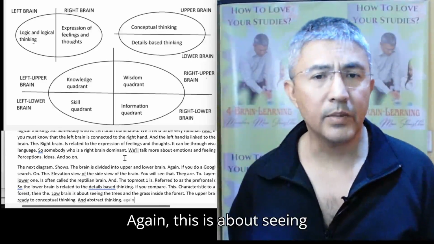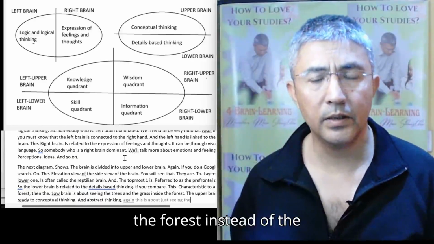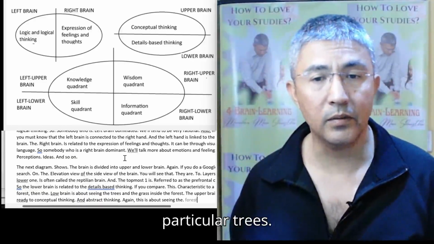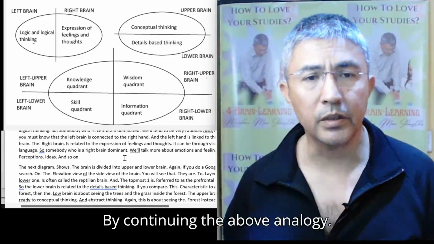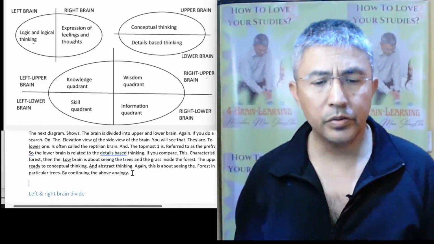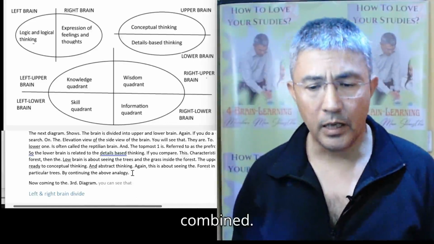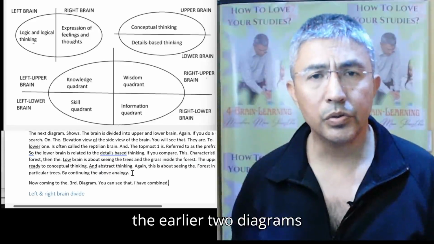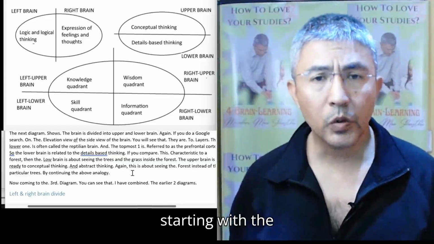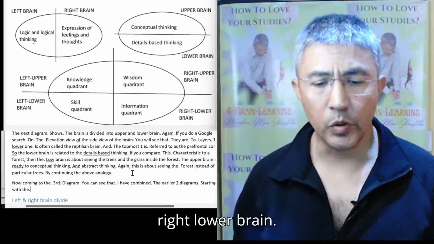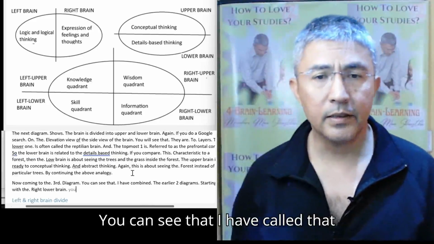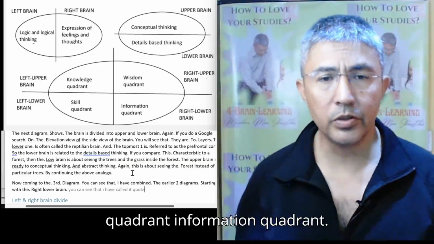Again, this is about seeing the forest instead of the particular trees, by continuing the above analogy. Now, coming to the third diagram, you can see that I have combined the earlier two diagrams, starting with the right lower brain. You can see that I have called that quadrant the information quadrant.